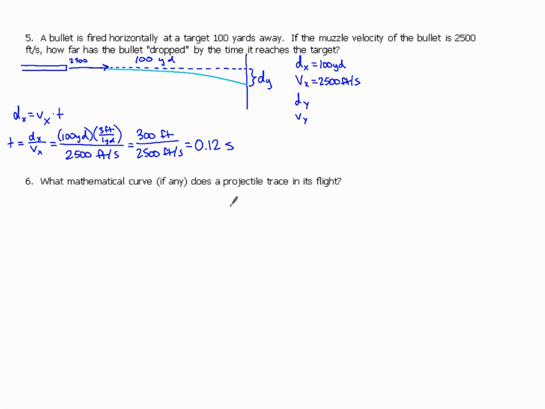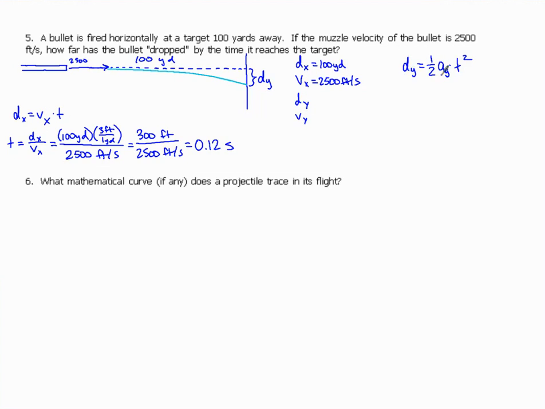What we can do with this time is take it to the vertical to figure out what we need. We're looking for how far did the bullet drop. This is the formula that we want to use. Distance equals 1/2 times the acceleration of gravity times the square of the time. We're looking for dy.